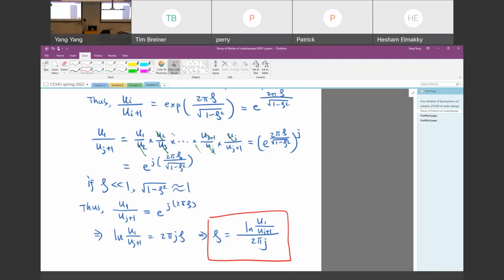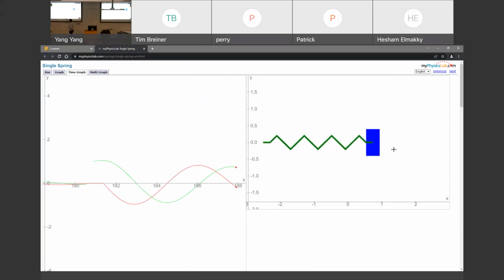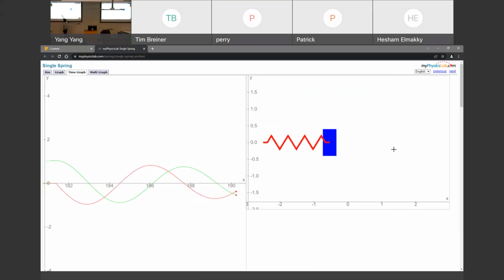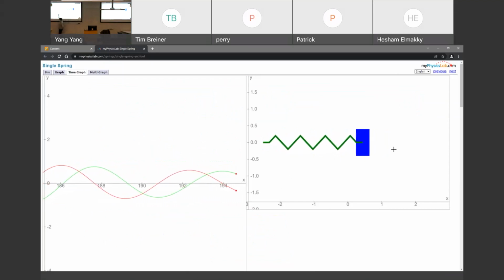Basically, we do a dynamic testing. If we do not know the damping ratio, we just excite that system to have some vibration, so that we can measure the displacement and record all the data.